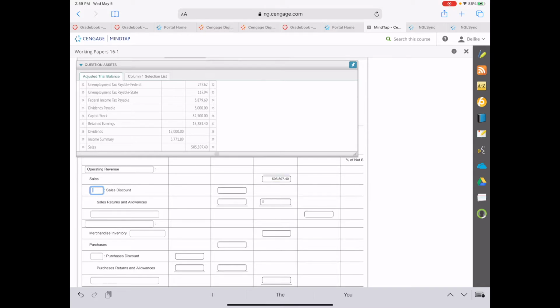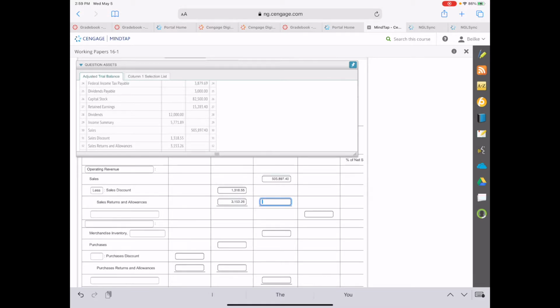Then we have our sales, but we have 2 contra sales. So this will be less. We're going to subtract our sales discount. There's our sales discount of $1,318.55. We also have sales return and allowance listed there, $3,153.26.